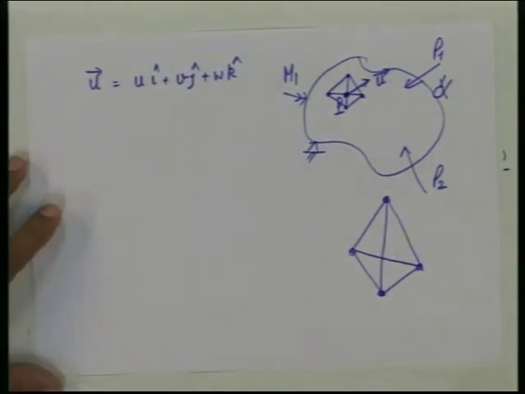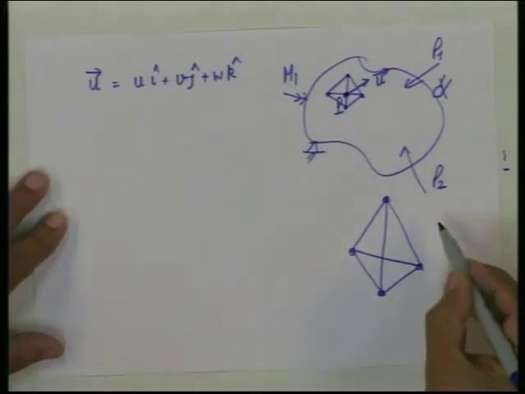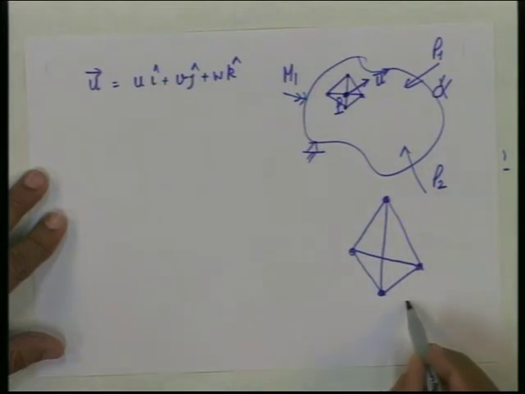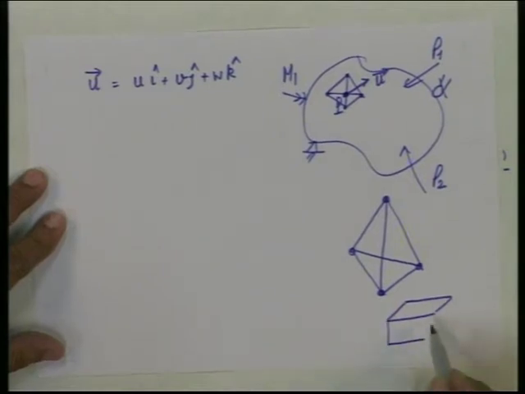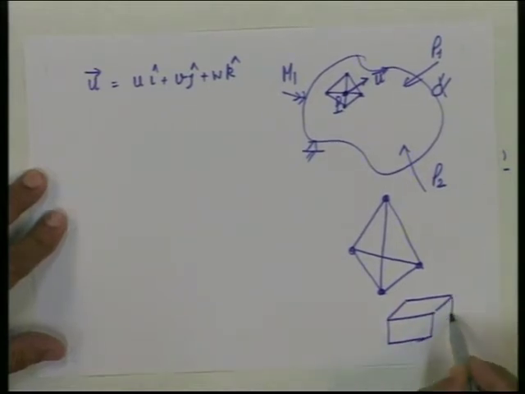You cannot have 4 noded, yes, 4 noded, yes, brick. A brick can be used, but it is not 4 noded. A brick looks like this. The brick element is the simplest.